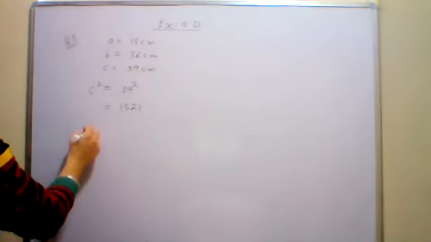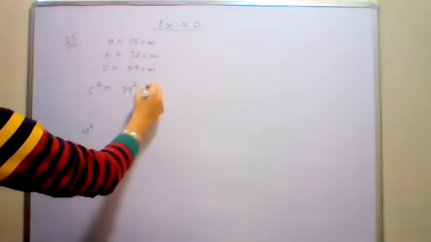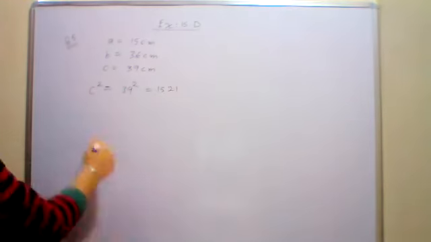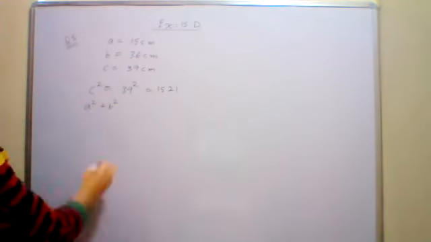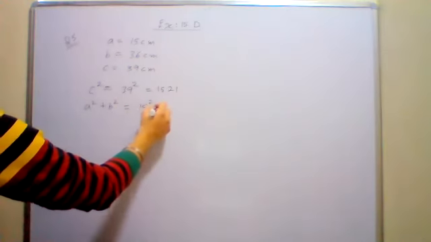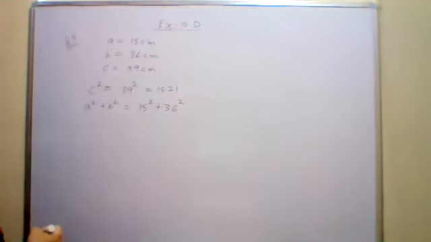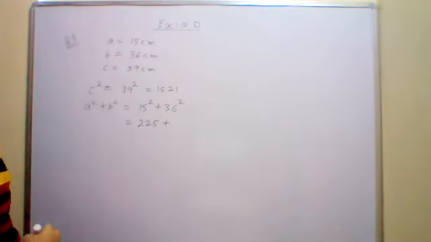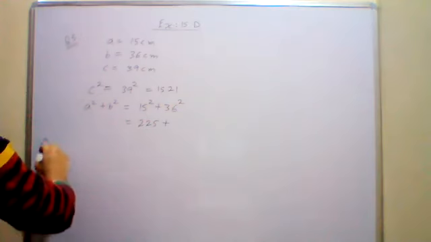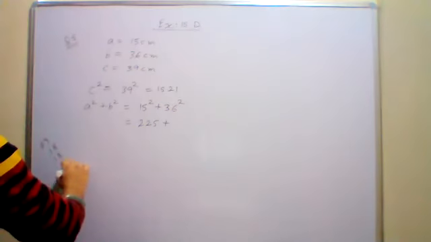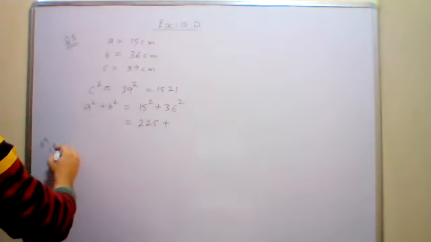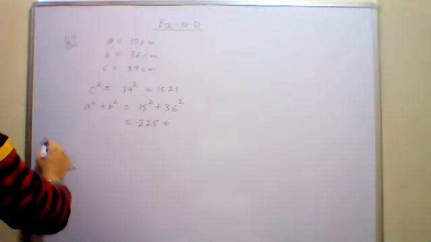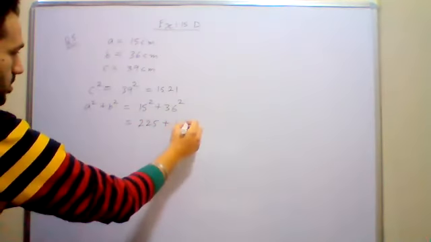Now you can find a square plus b square also. I'll write it here. C square came to 1521 centimeter square. Don't write the unit. A square plus b square means 15 square plus 36 square. 15 square is 225, plus 36 square, which is 1296.